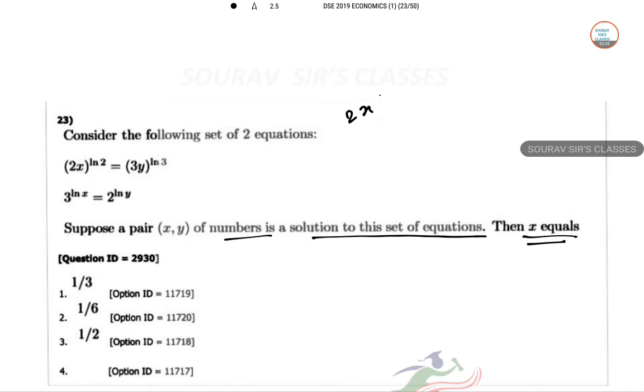So (2x) to the power log 2 equals (3y) to the power log 3, and 3 to the power ln x equals 2 to the power ln y.